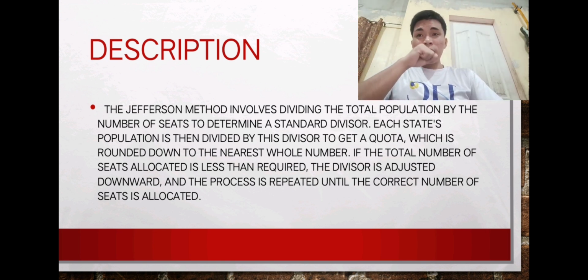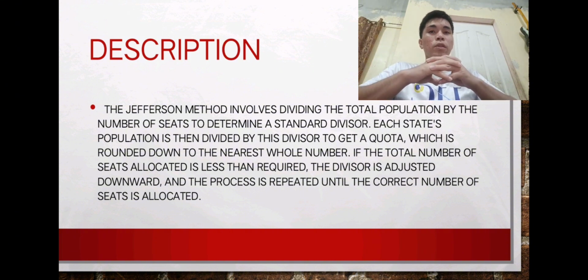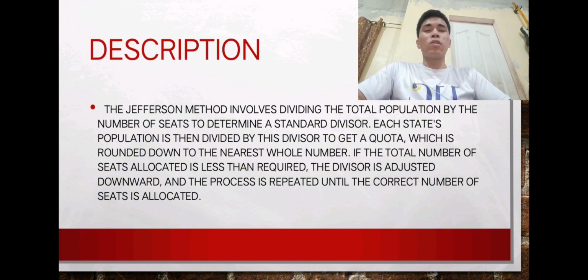The Jefferson method involves dividing the total population by the number of seats to determine the standard divisor. Each state's population is then divided by the divisor to get a quota, which is rounded down to the nearest whole number.